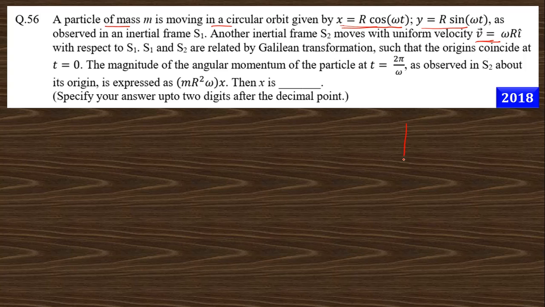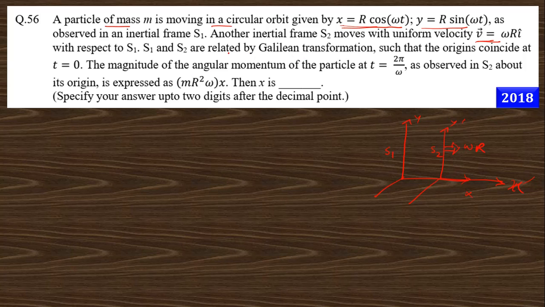So there are two inertial frames, one is S1 and another one is S2. This S2 moves with the velocity omega r i cap. This is the x-axis, and this is x prime, right.